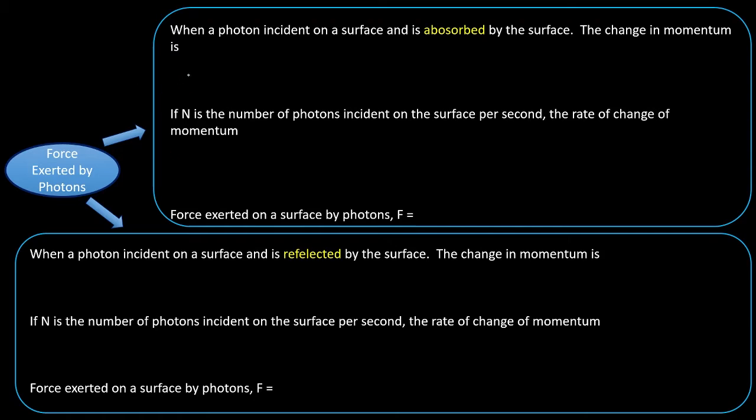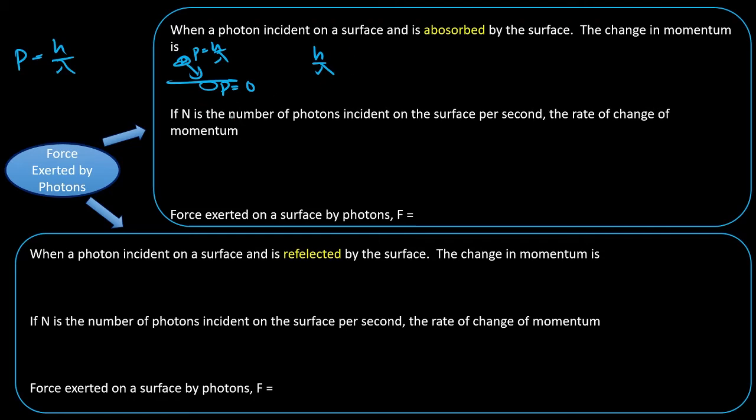Let's say the photon is shone straight onto a surface and absorbed. Initially, the momentum is p equal to h per lambda. Finally, because it is absorbed, the final momentum is equal to 0. So the change in momentum will be h per lambda in magnitude.